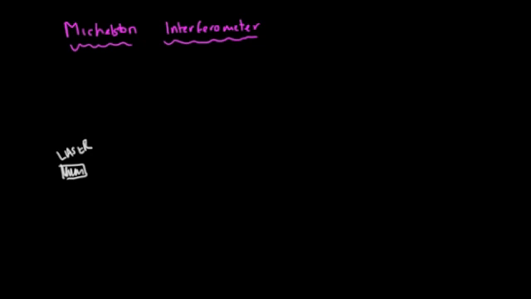And the laser is emitting a beam of light, which propagates over towards the right here, and then is incident upon a sort of half mirror. So I'm going to draw this as a dotted line. It's a half mirror. And what happens is half of the light is reflected upwards.